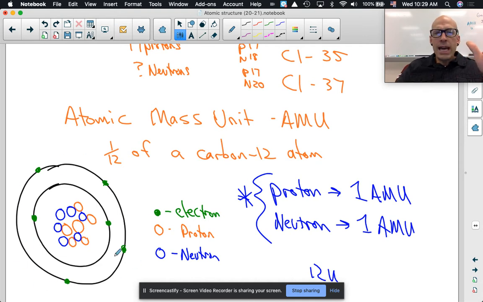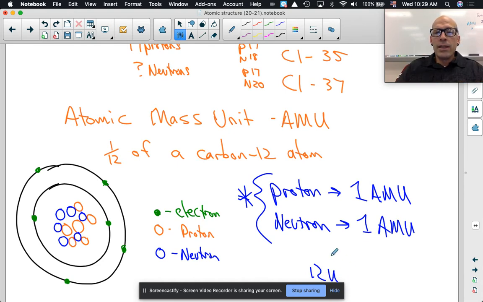If you take the mass of that whole thing and divide it into 12 pieces, that's what 1 AMU is. And then, for ease of discussion, we say that one proton has a mass of 1 AMU and that a neutron has a mass of 1 AMU. And so if you just add those two particles together in an atom, that tells you the mass. It's as simple as that.